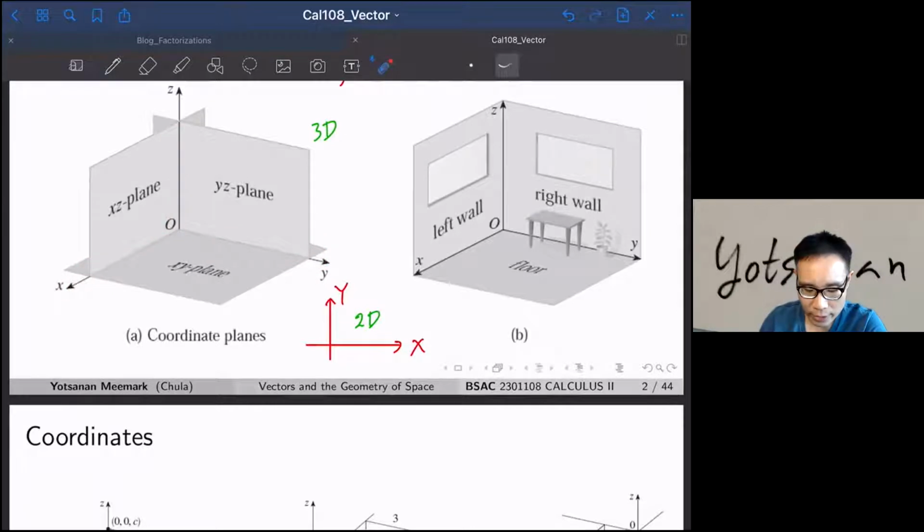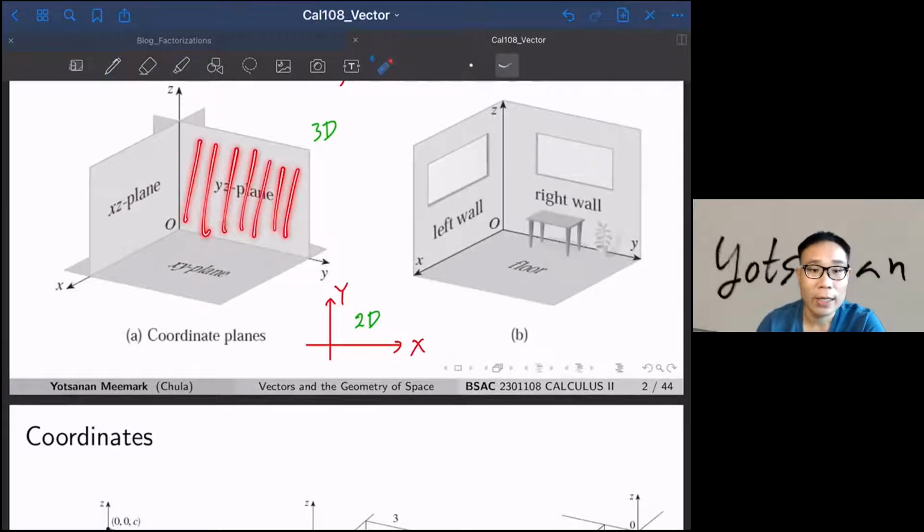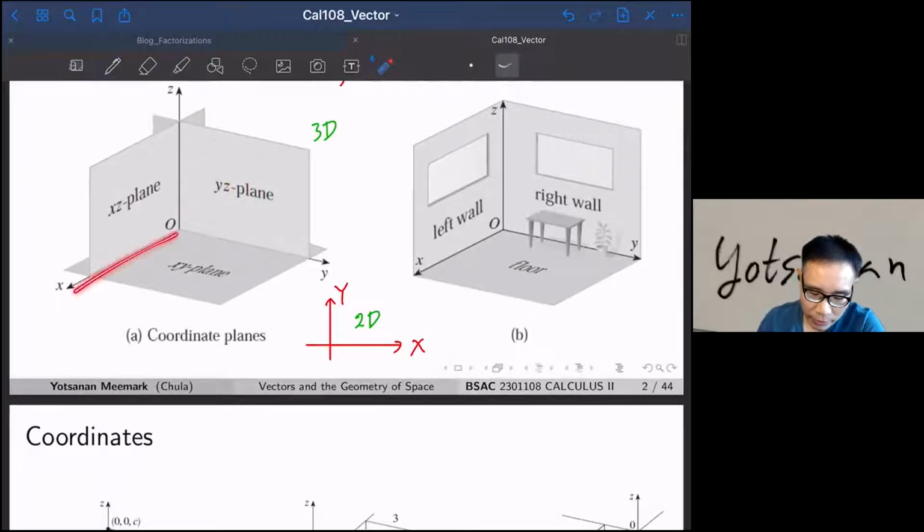Okay, so you're going to have the xy plane, xz plane, and yz plane, that involve the axes xy, xz, and yz. And you can imagine the xyz as a corner of a room, where the xy plane turns out to be the floor.